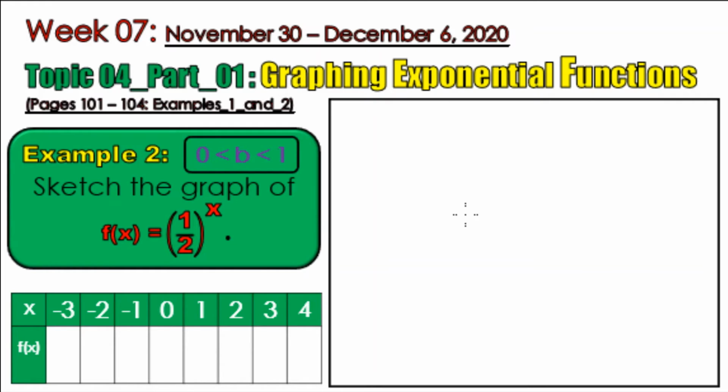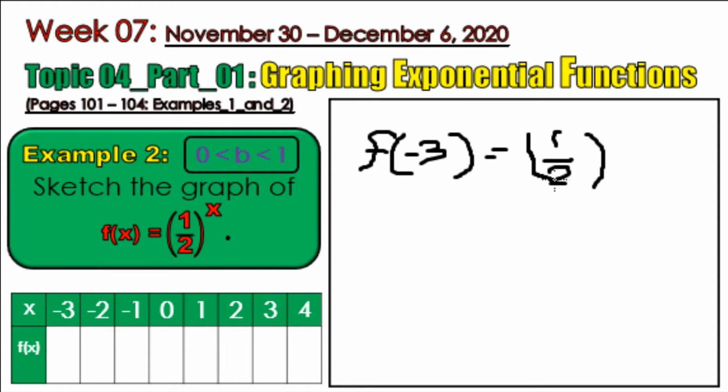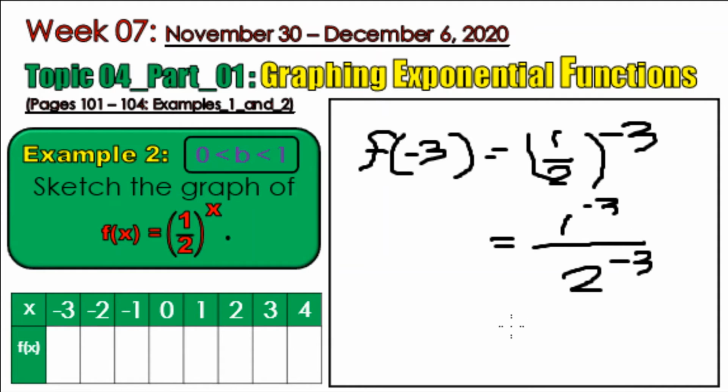Let us start with f of negative 3, which is equal to 1/2 raised to negative 3. So this is equal to 1 raised to negative 3 over 2 raised to negative 3. We have a negative exponent, so what shall we do?